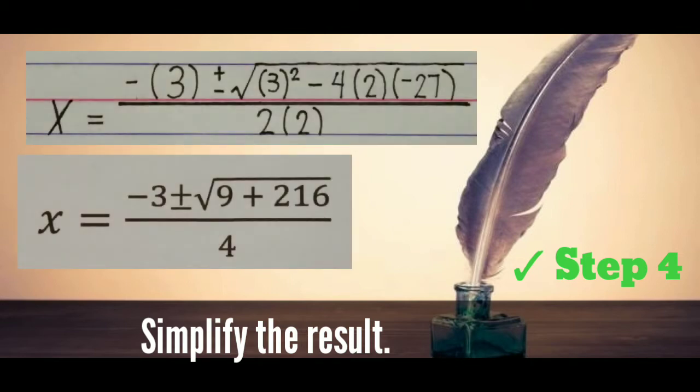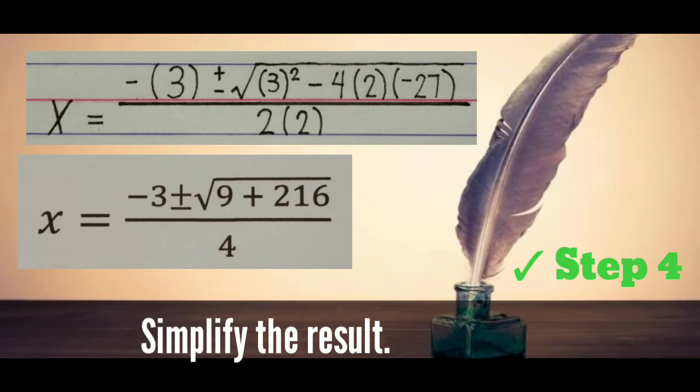Let's simplify. x equals, where did the negative 3 come from? It's negative times 3 equals negative 3. Plus or minus the square root of, where did the 9 come from? It's 3 squared, so 3 times 3, it's 9. Negative 4 times 2, it's negative 8.